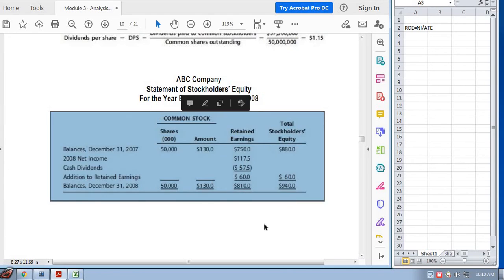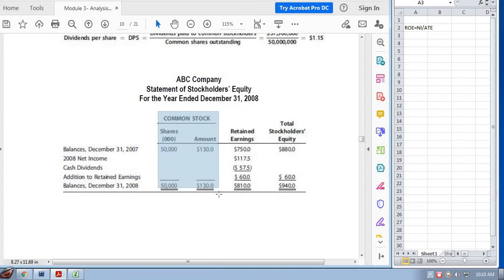These are the shares. Take note na pag mag-invest ka, for example, if you will become an investor of ABC Company, yung investment mo ay magiging bahagi nito. So when we compute for the return on equity, yung average total equity, if you are an investor, yung investment mo ay magiging part ng average total equity.